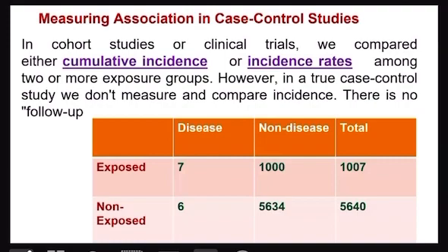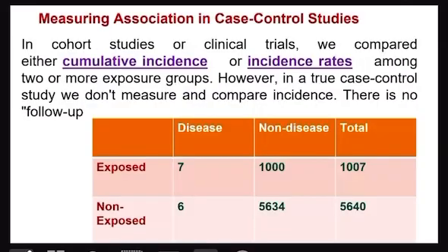I'm still going to have a table, whether case control or any type of observational study. We're going to have a contingency table where the level of exposure is cross-tabulated with the level of outcome.